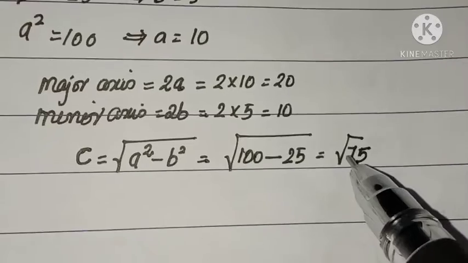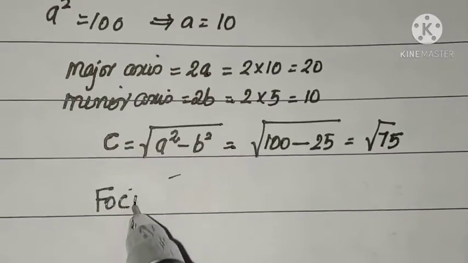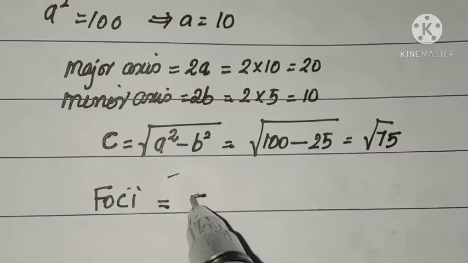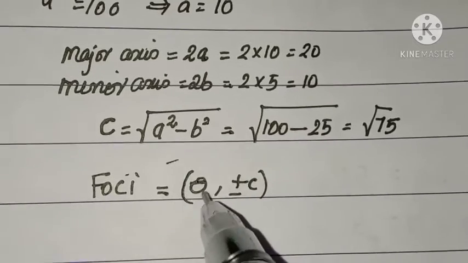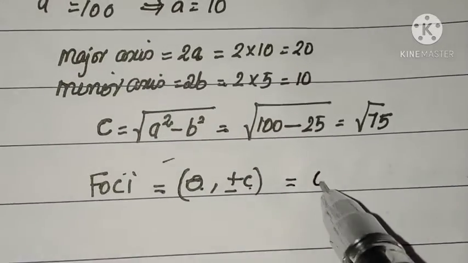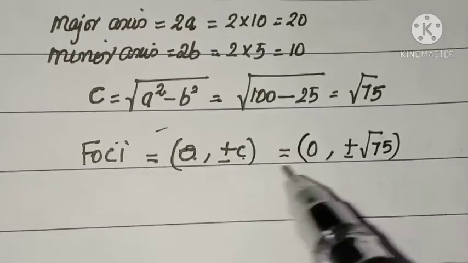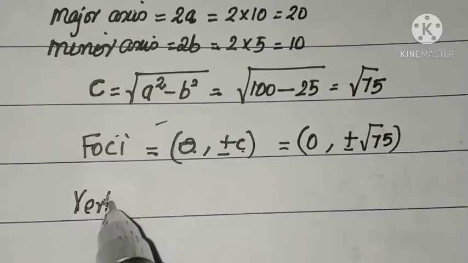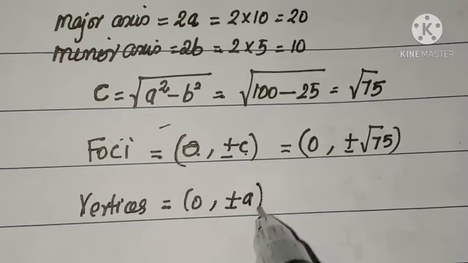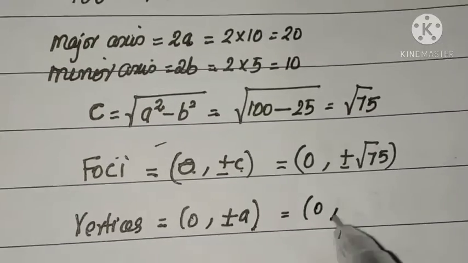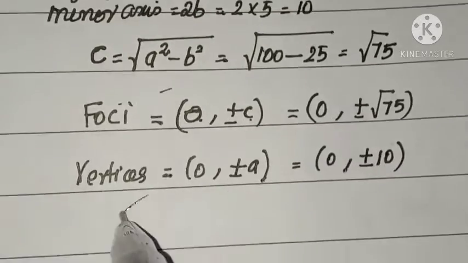Now the foci are (0, ±c), see the difference: (0, ±√75). The vertices are (0, ±a), that is (0, ±10), because a = 10.